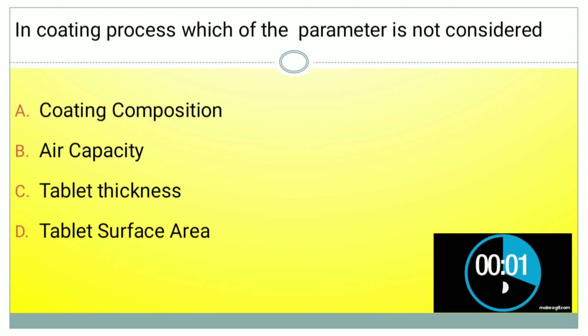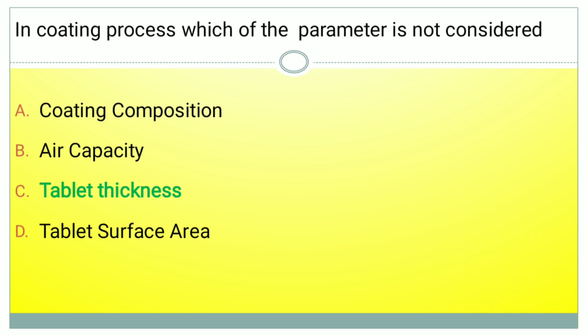You have 10 seconds to think for the right answer, and then the correct answer will display on your screen. So the right answer of this question is option C, tablet thickness. So tablet thickness is not considered in coating process.